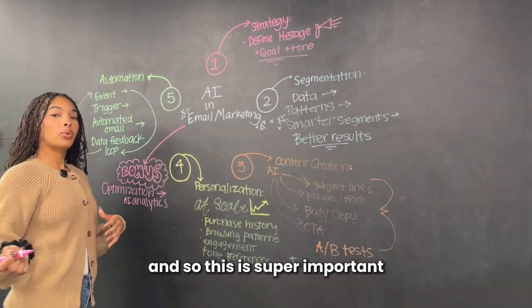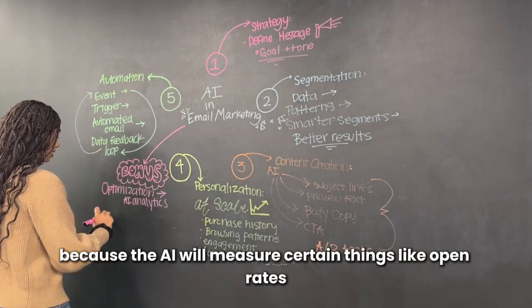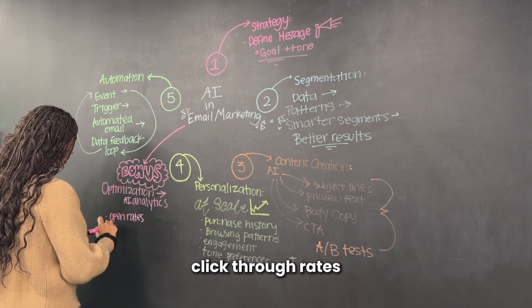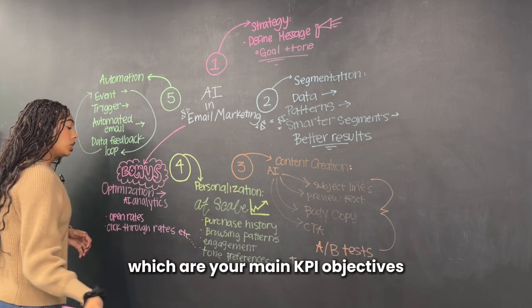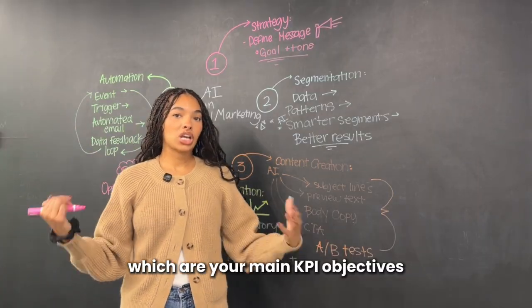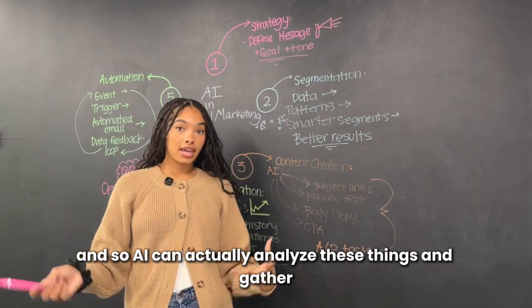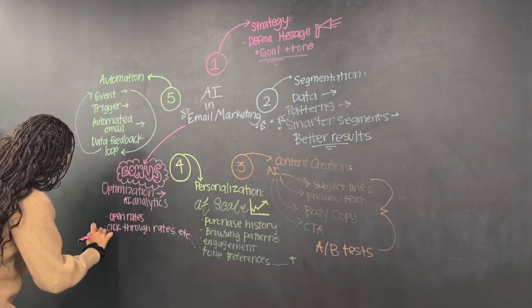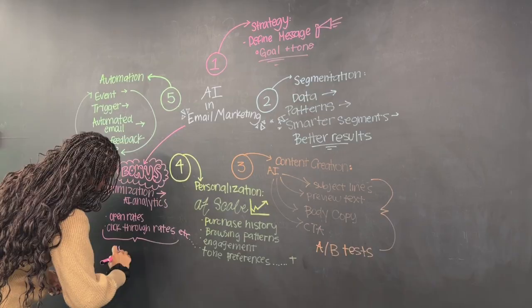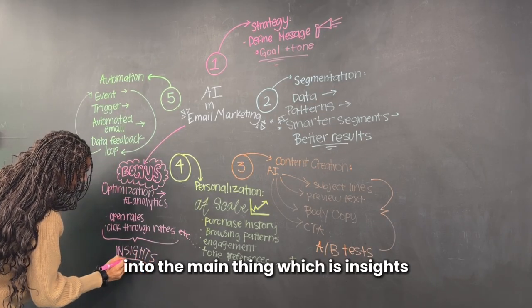And so this is super important because the AI will measure certain things like open rates, click-through rates, which are your main KPI objectives that you have through your email marketing campaigns. And so AI can actually analyze these things and gather all of these into the main thing, which is insights.